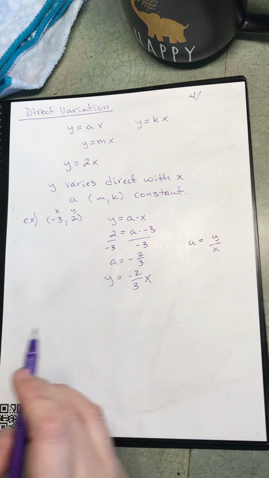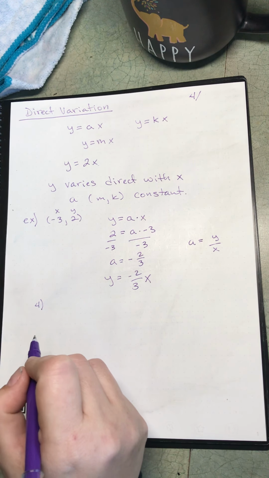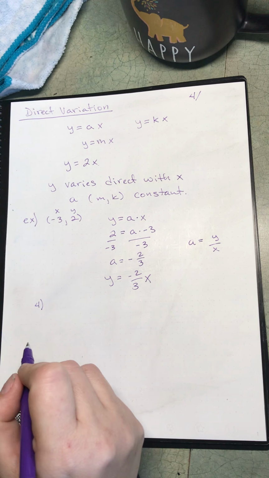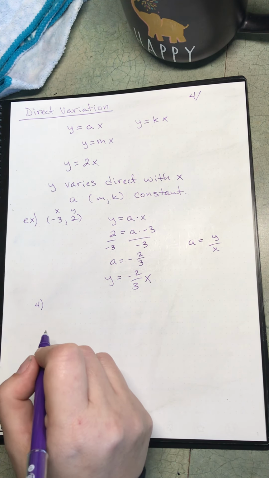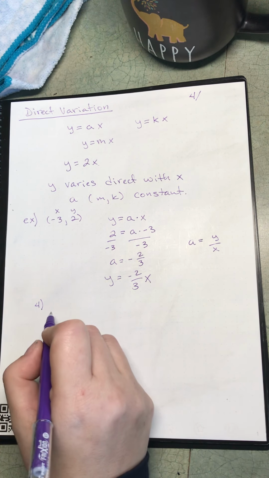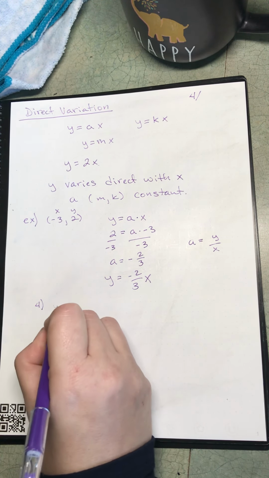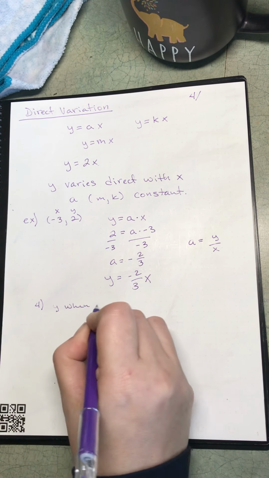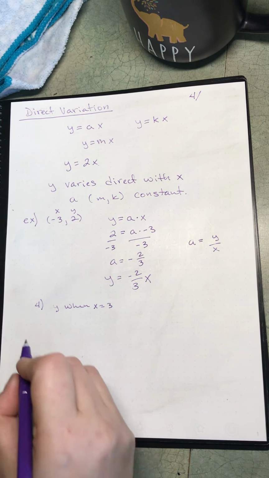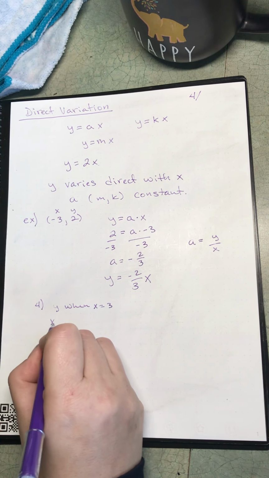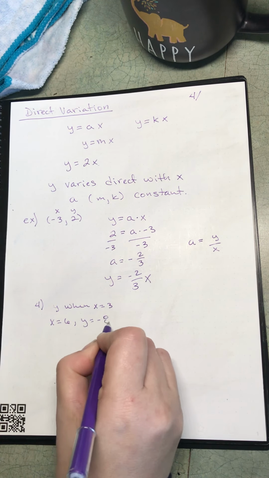Number 4 says x and y vary directly. Find an equation that relates x and y, then find y when x equals 3. I'm going to bookmark that for later. For number 4, they tell us that x equals 6 and y equals -8.